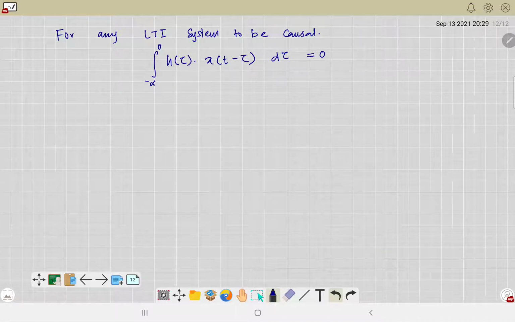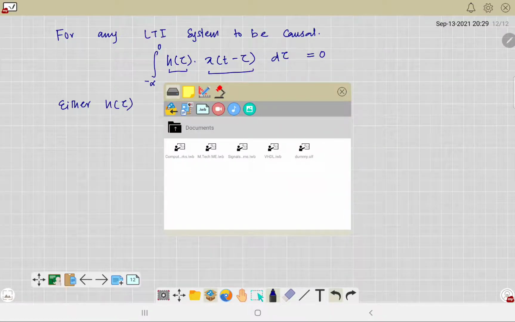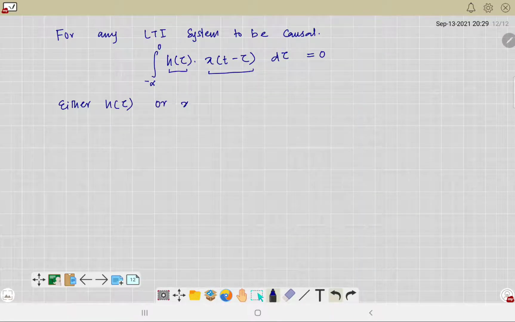Okay. Now in this integral, I have two quantities. I have the impulse response and I have the signal at this future value. So this equation basically means that either your h of tau or x of t minus tau should be 0.